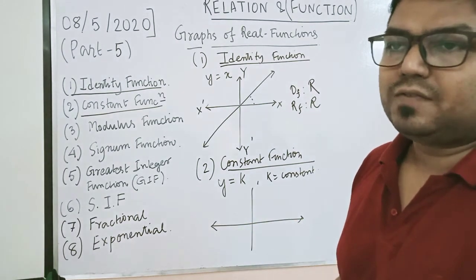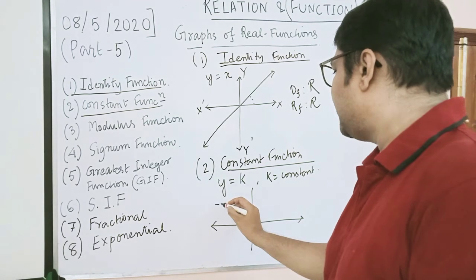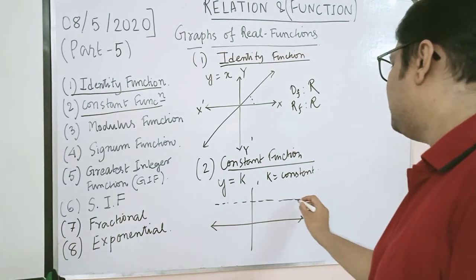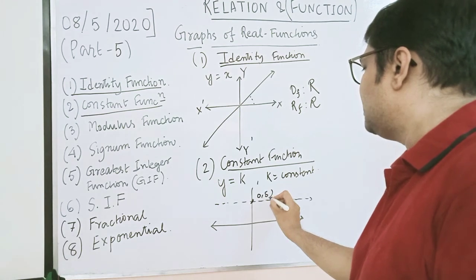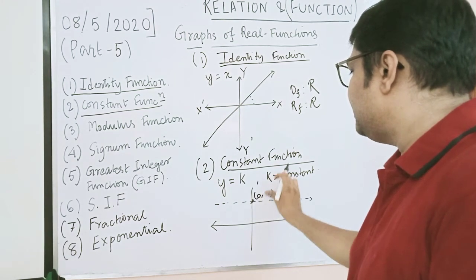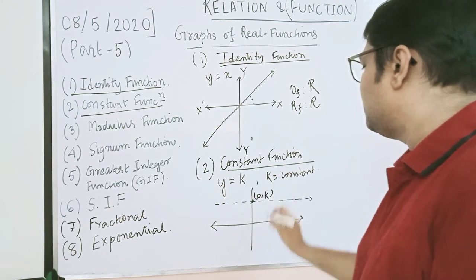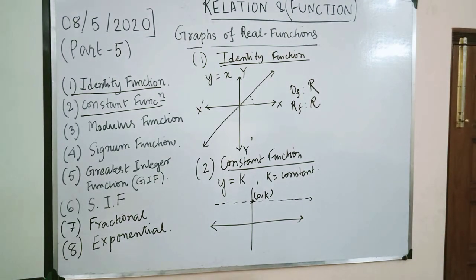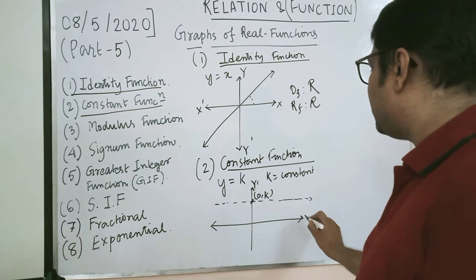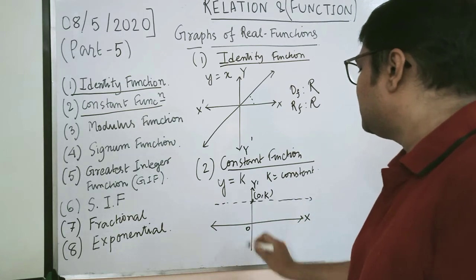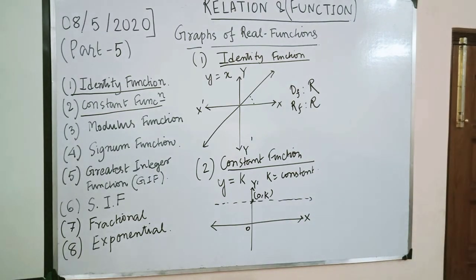If it is positive, say y equals to 5, it will be this line. This point will be 0, 5, or 0, k I will write, better to understand. It will be a line like this, with x, y, and this is the origin. It is a line which is parallel to the x axis.